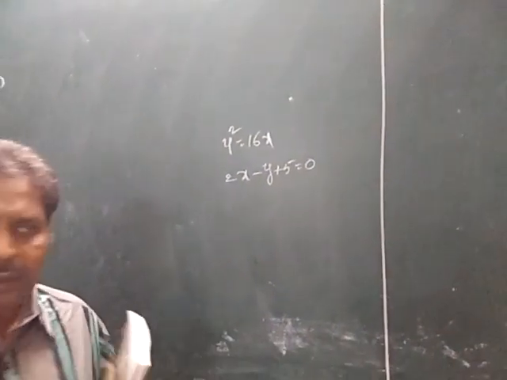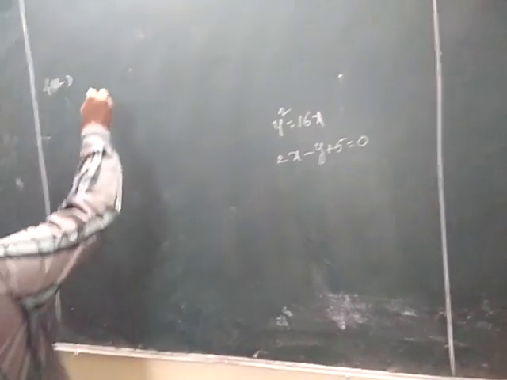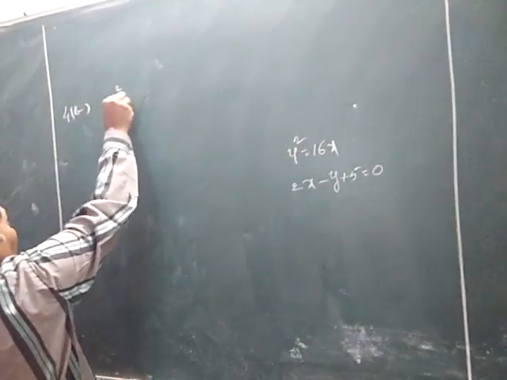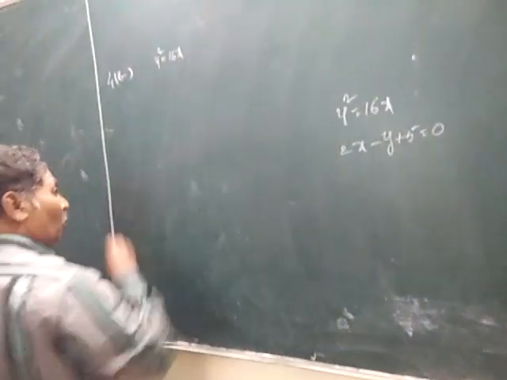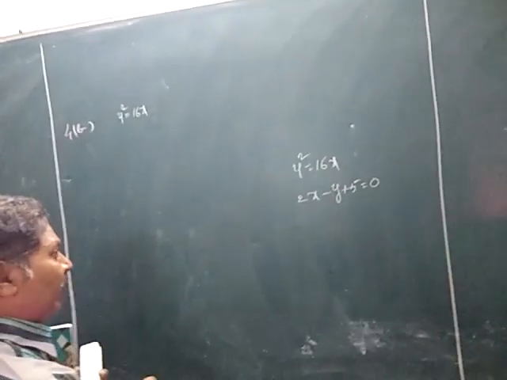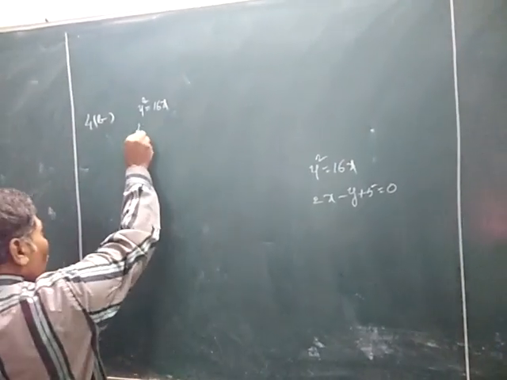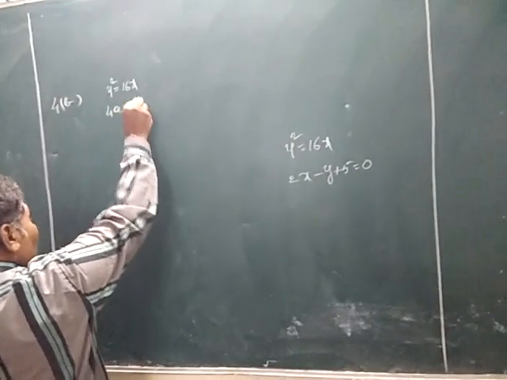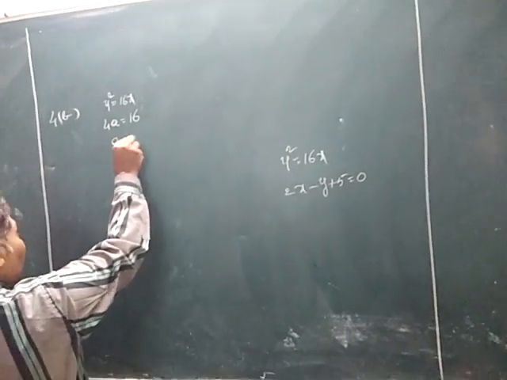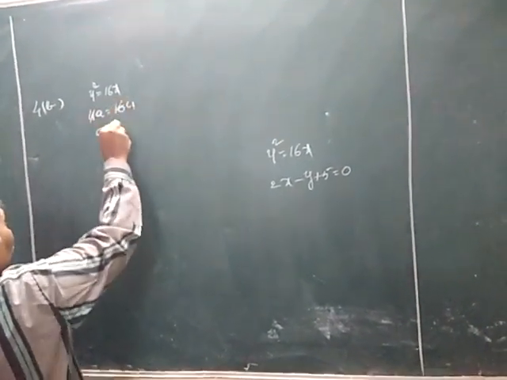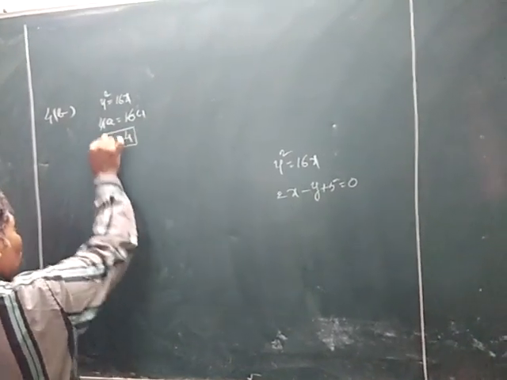Given parabola is y square equal to 16x. 4a value 16, a value 4.